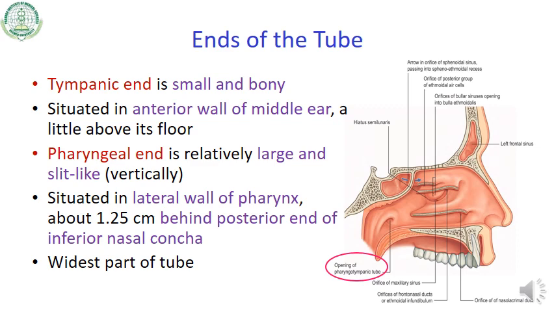As you go from the pharyngeal end to the tympanic end, the diameter of the tube goes on decreasing. That's why it is called trumpet shaped.